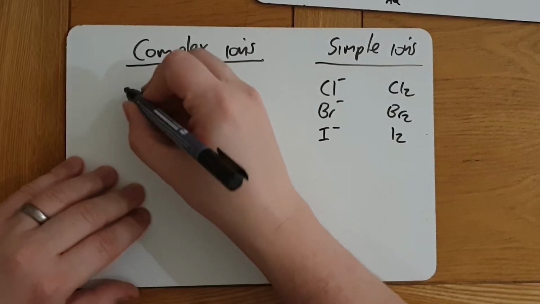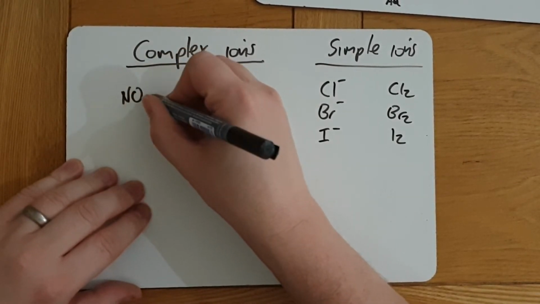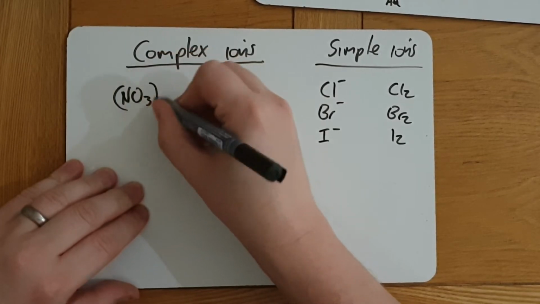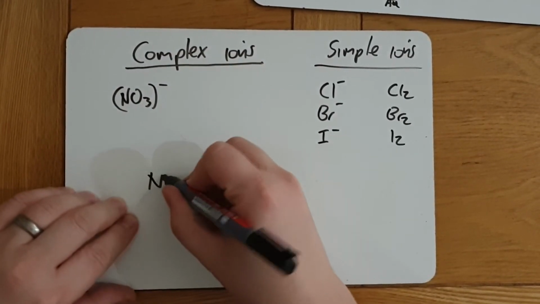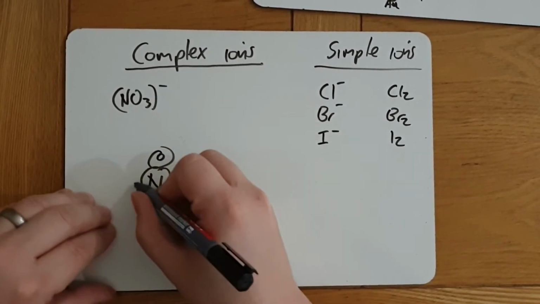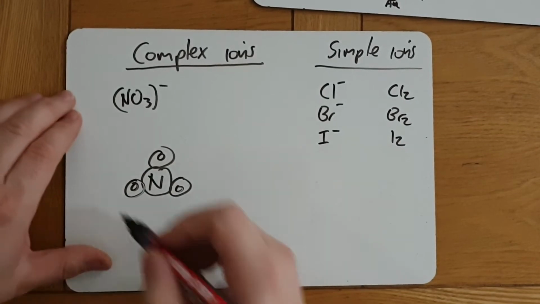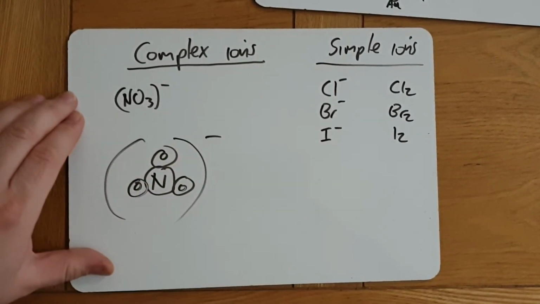If you've got a complex ion, as an example a nitrate ion, which is NO3 minus, just to explain what that is: nitrogen bonded to 3 oxygens, but the whole thing floating around together has a charge of -1.